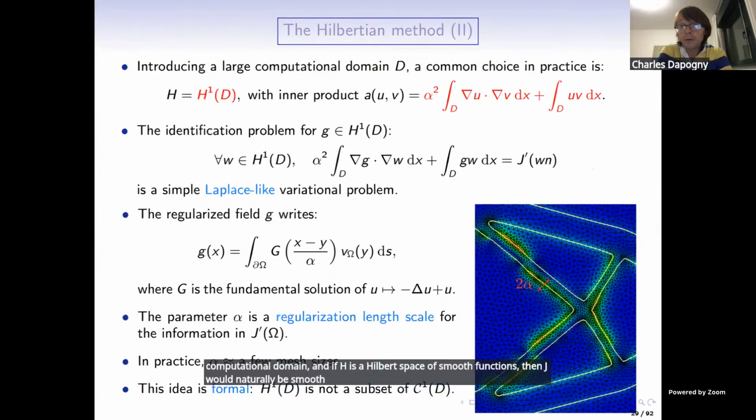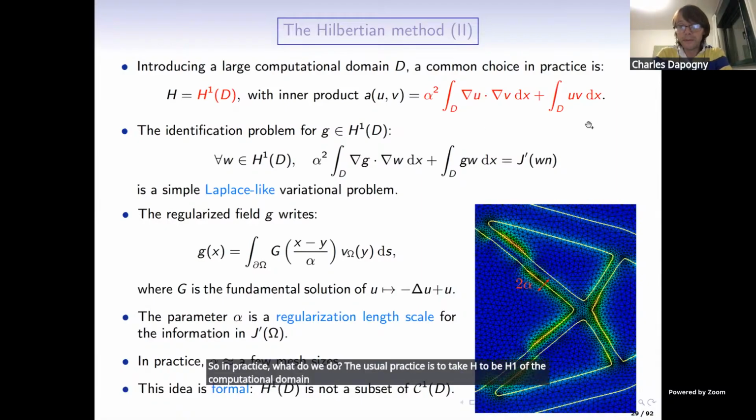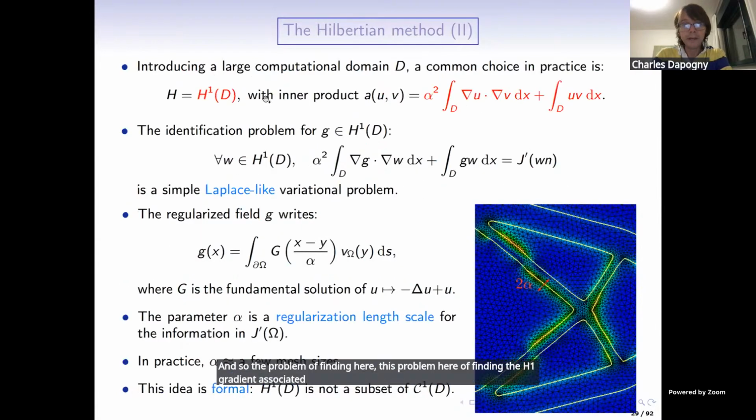So in practice, what do we do? The usual practice is to take H to be H1 of the computational domain D, with this inner product, which is written here. So this is the L2 inner product on D, plus a small weight, alpha squared, multiplied by the L2 inner product of the gradients. And so the problem of finding the H1 gradient associated to the shape derivative writes like this.